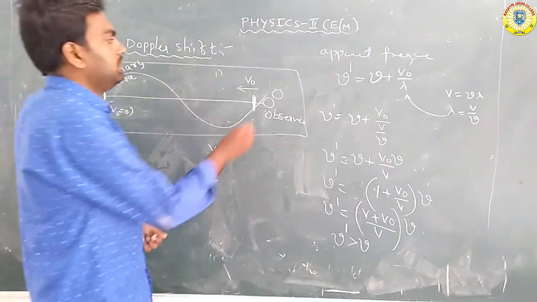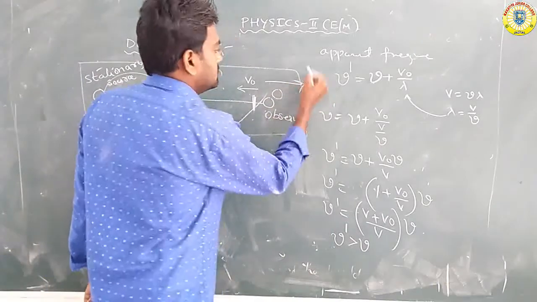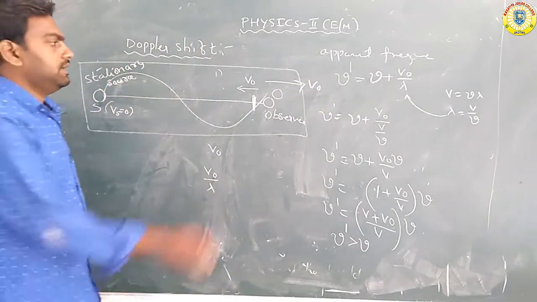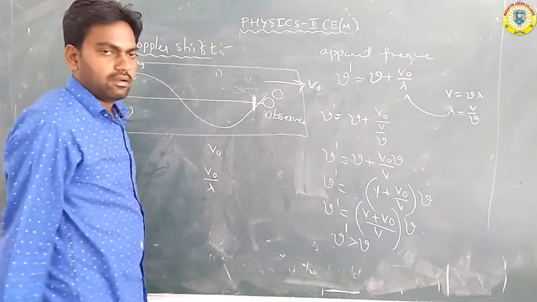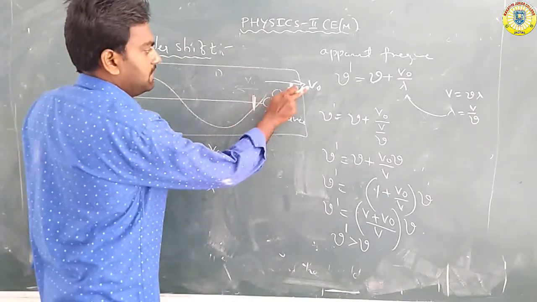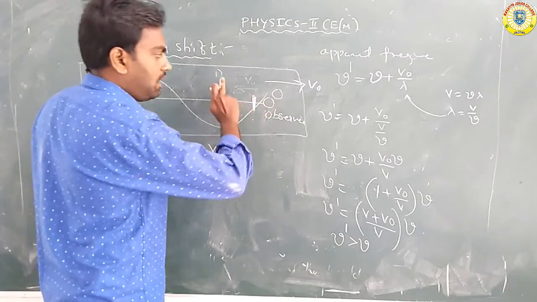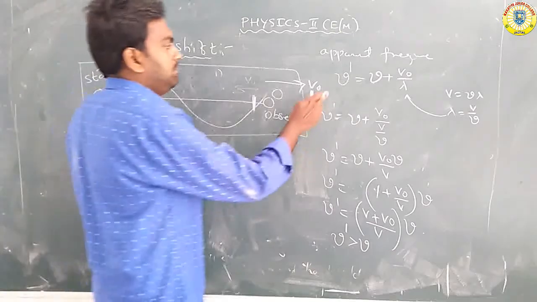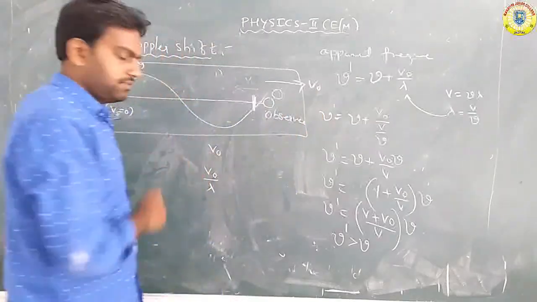The observer is moving away from the stationary source. Here v naught is negative. The observer is moving away from the stationary source, so the distance is v naught.